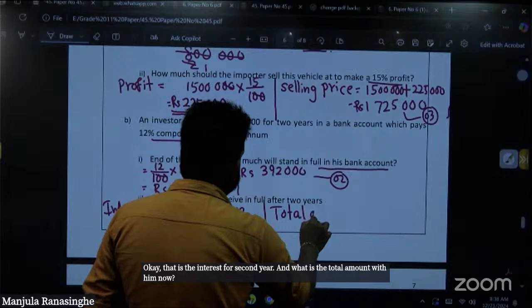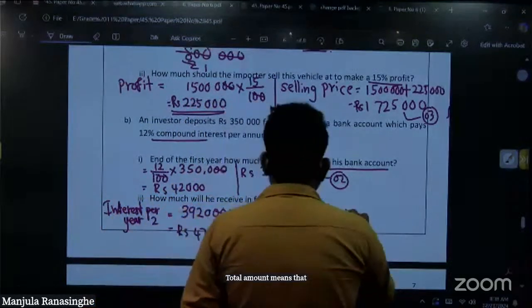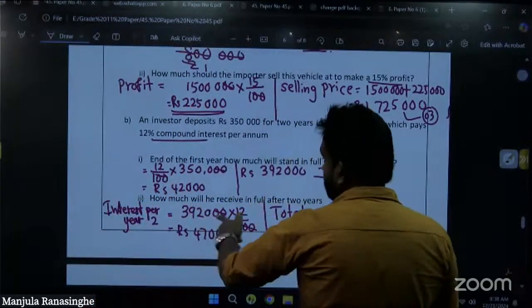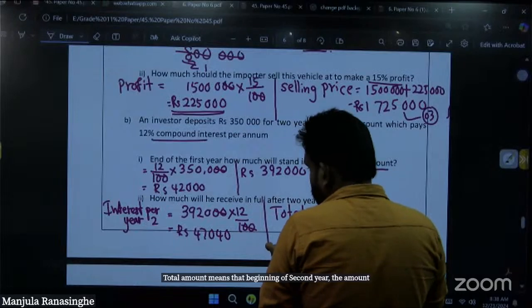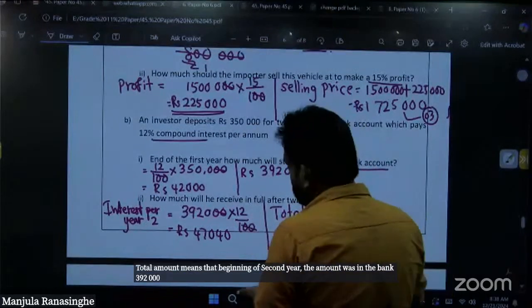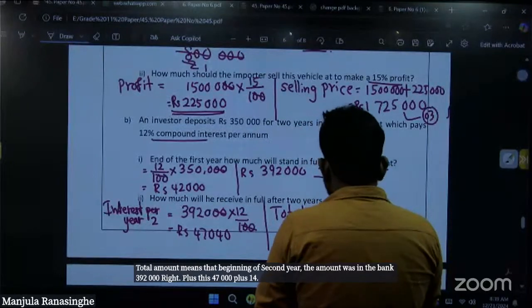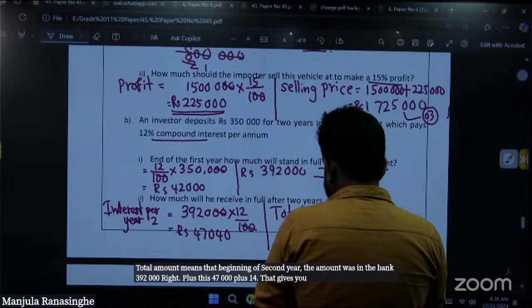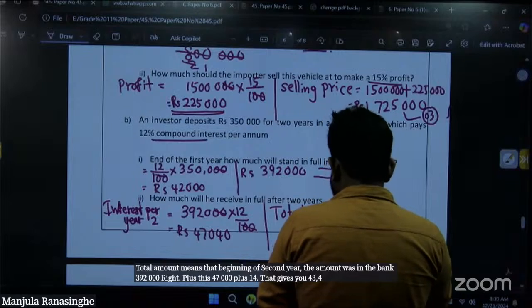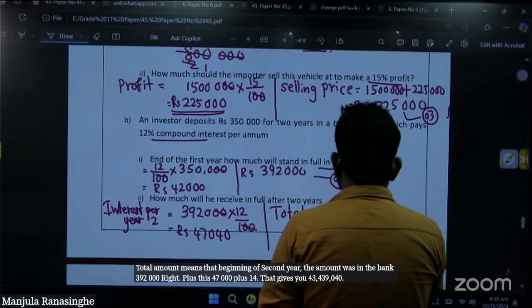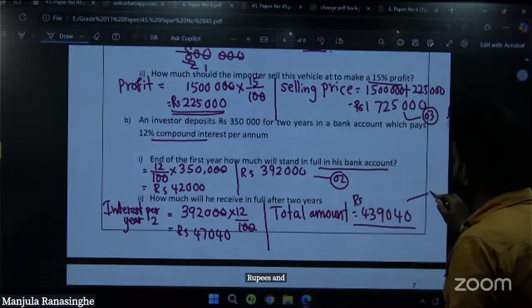Total amount means that at the beginning of the second year, the amount in the bank was 392,000, right? Plus this 47,040. That gives you 439,040 rupees. Hands up those who got this answer, 3 marks there.